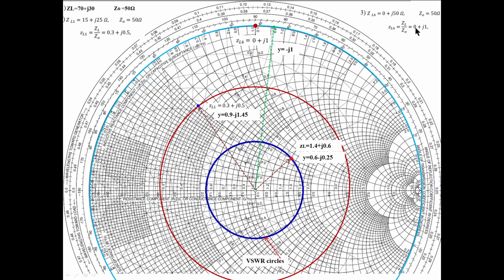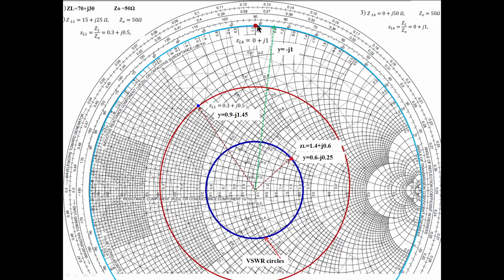So what we needed is R is equal to 0 intersecting with the X is equal to 1 circle. So this is the R is equal to 0 circle, intersecting with the X is equal to 1 circle. So this is a point.